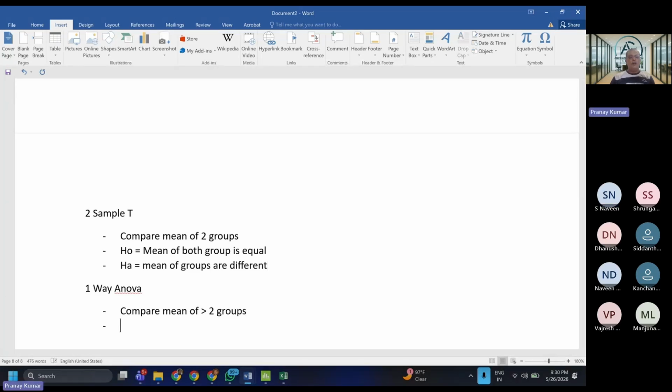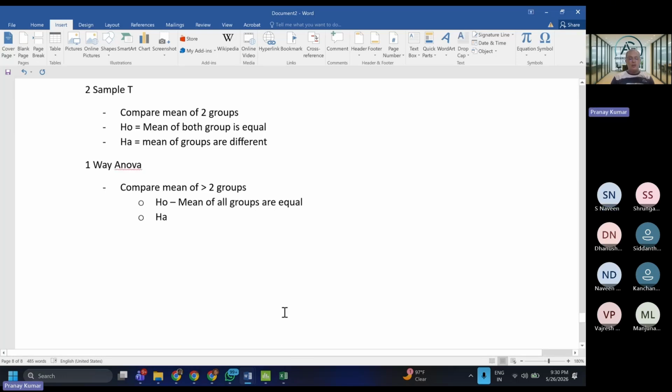In the one way ANOVA, null will say mean of all groups are equal. Alternate will say at least one. Mean of at least one group is different.